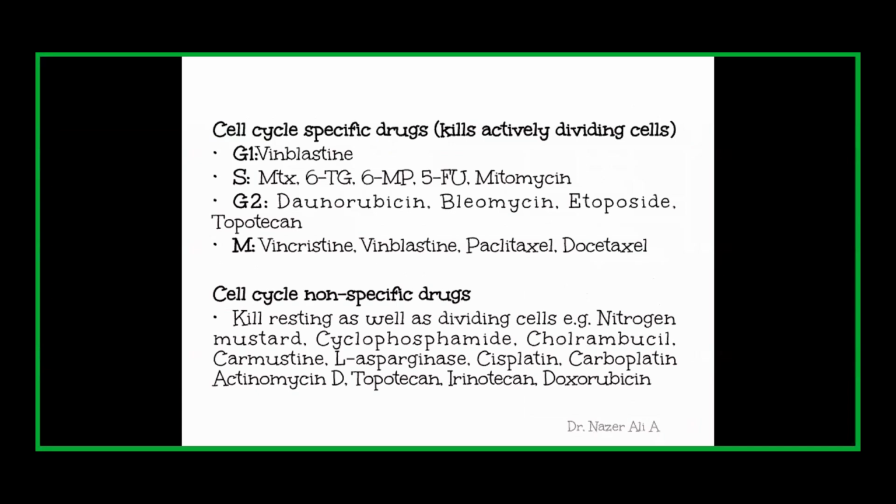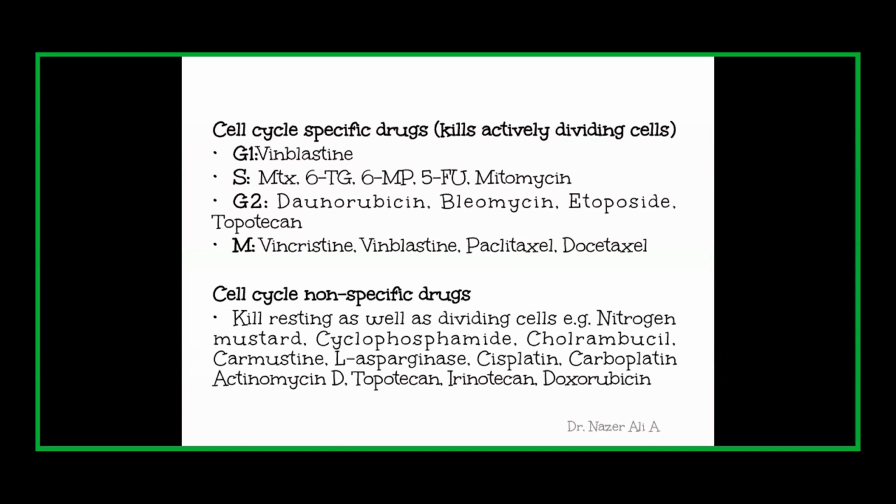Drugs like vinblastine, methotrexate, 6-mercaptopurine act at specific phases in the cell cycle. But other drugs like the alkylating agents, cyclophosphamide, chlorambucil, topotecan are non-specific. They may act on the actively dividing cell and also on the resting cell.